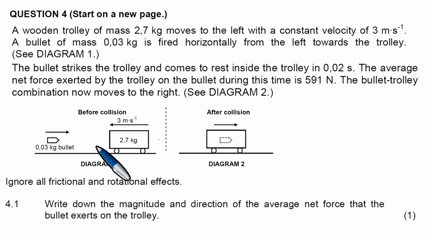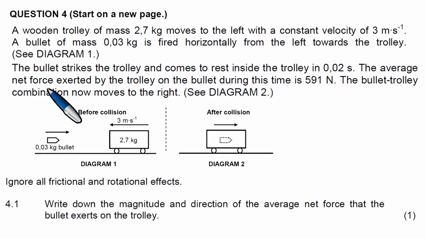After the collision, the trolley appears to be moving towards the right. Yet, before, it was moving towards the left. And you can see the bullet and the trolley approaching each other before collision.